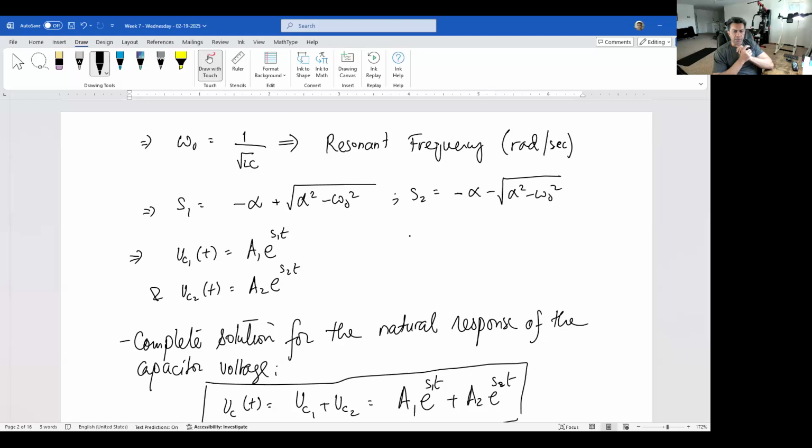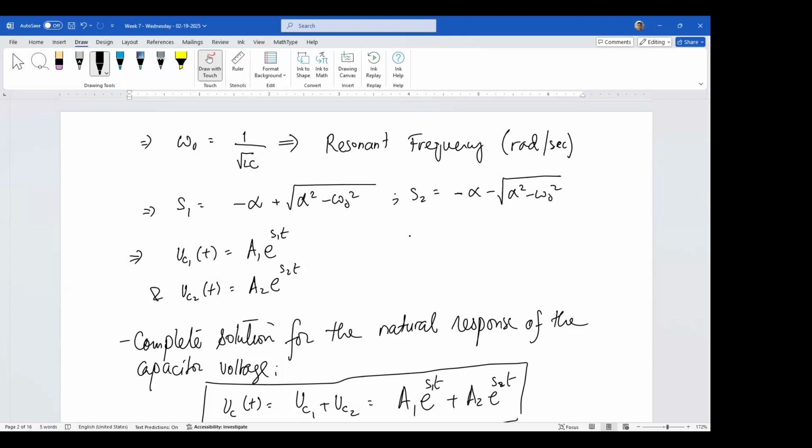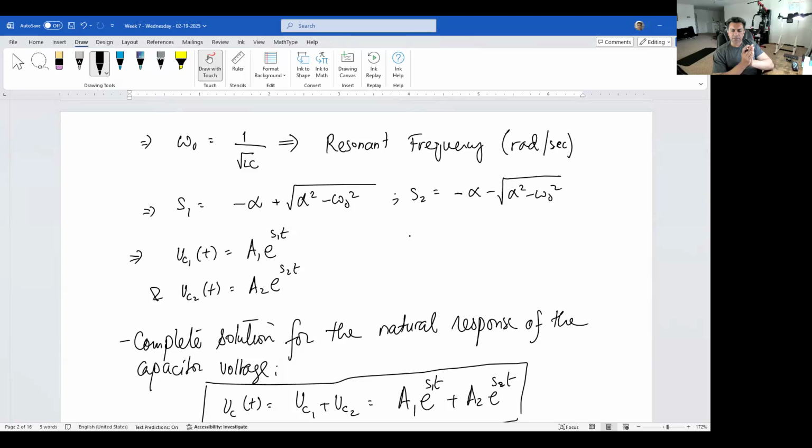Now, I hope everyone knows what a complex conjugate is. Can anyone explain what a complex conjugate number is? Let's say if you have A plus jB, what will be the conjugate of A plus jB? Yes, Chris, you're saying something?